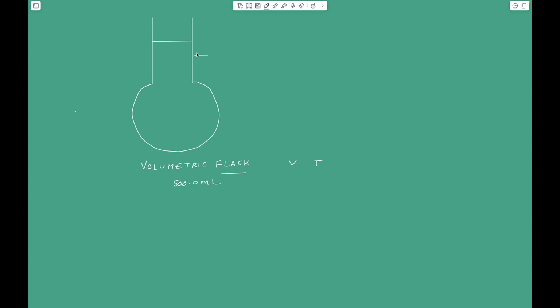This is called the neck of the volumetric flask, and on the neck you will find a ring etched in glass. This marking indicates the volume of the liquid present in the flask. If you fill this flask with a liquid up to this marking, then the volume of the liquid in the flask is equal to the capacity of the flask.